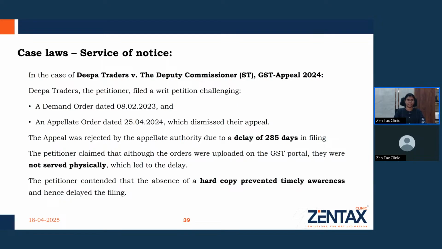The petitioner said they were not aware of the order reflecting in the GST portal, as they had not received the physical copy. Hence, the absence of a hard copy prevented timely awareness, and that is the reason for the delay in filing this appeal.